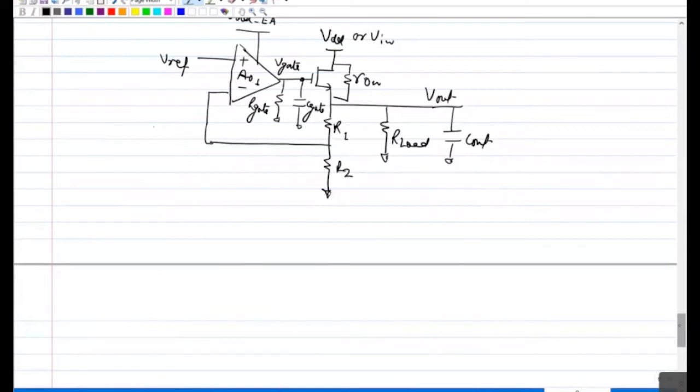R load by R on plus R load. Yeah, R load in parallel with R1 plus R2, correct? So this is a resistor divider actually.